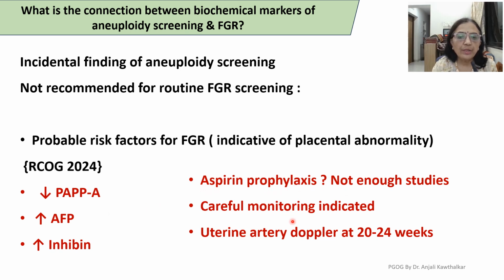On the other hand, careful monitoring is indicated. Especially whenever we get first trimester or second trimester aneuploidy screening, and we get these findings that the PAPP-A is lower than normal, or alpha fetoprotein and inhibin are greater than normal, then it is an indication to go ahead with uterine artery Doppler at 20 to 24 weeks, because uterine artery Doppler abnormality, the pulsatility index of the uterine artery, is also one of the indicators for development of early onset fetal growth restriction.